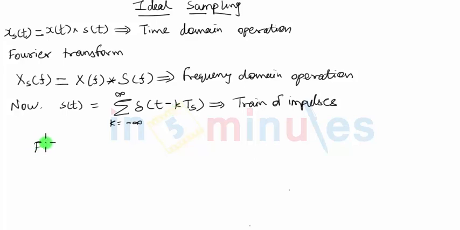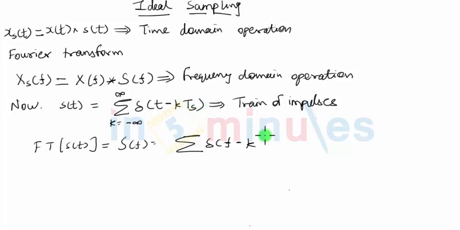Now if I take the Fourier transform of s of t, it comes out to be nothing but a train of impulses again. So we have the same train of impulses, but this time it is a function of frequency f, and the gap between the two impulses, which was Ts in the time domain, is now fs in the frequency domain representation.